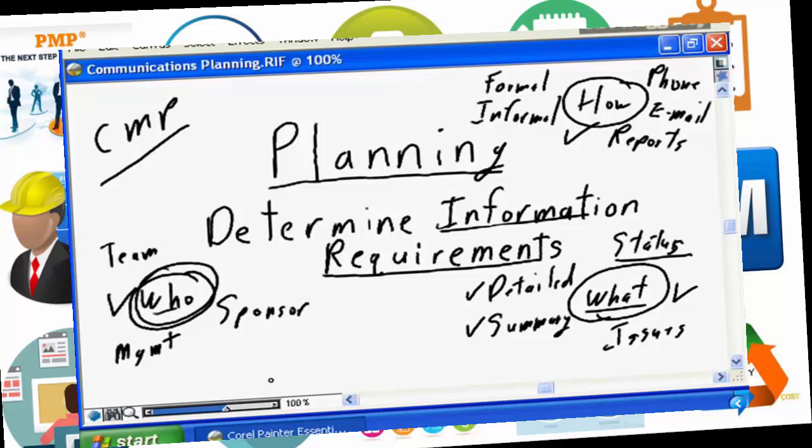Communications does not happen by accident. You must formally plan the processes for communications and then follow those processes to ensure that all of the project stakeholders are aware of the project status, are aware of the project issues, and are therefore able to take the appropriate actions to move your project forward.